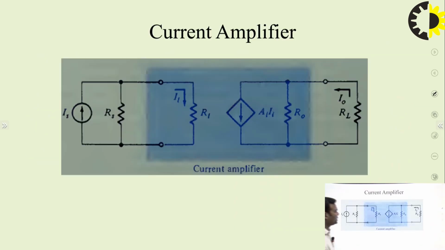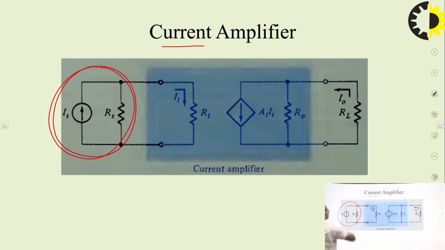Now this is another type of amplifier which is known as current amplifier. So it is very much obvious that in case of current amplifier, current signal should be applied towards input side and current should be obtained toward the output side.